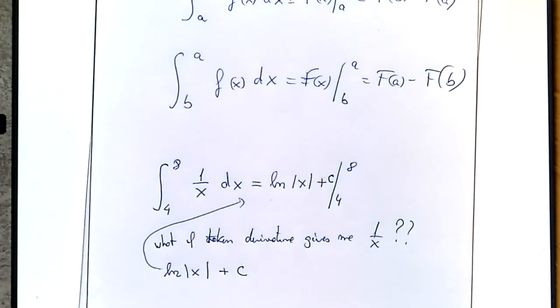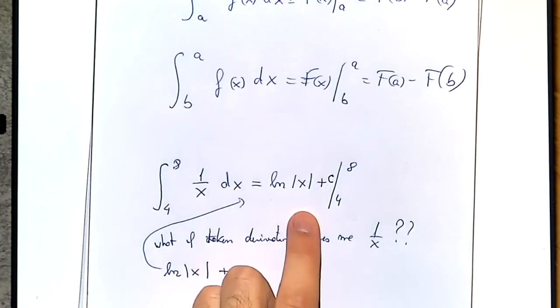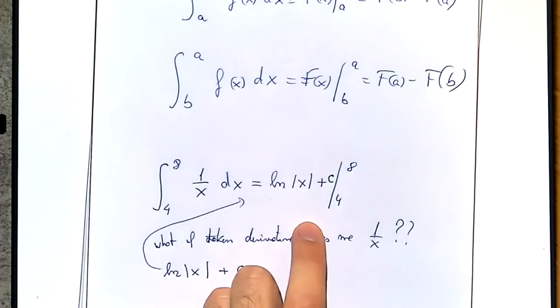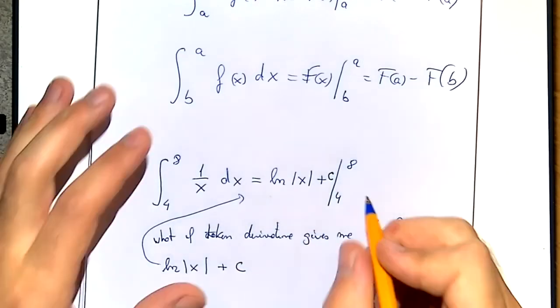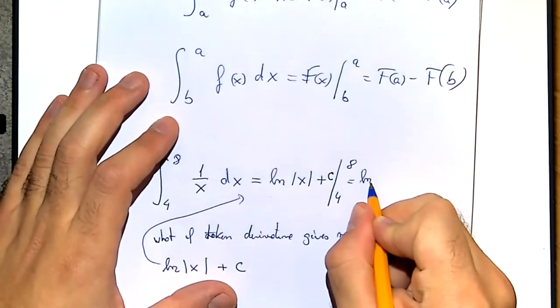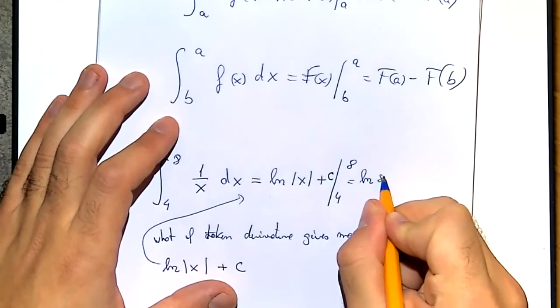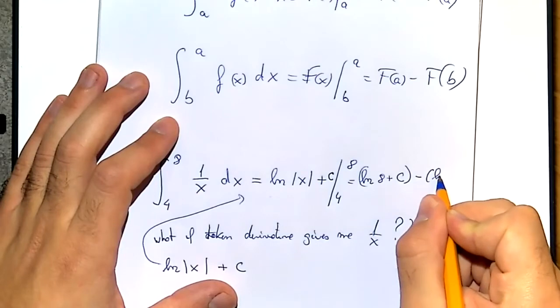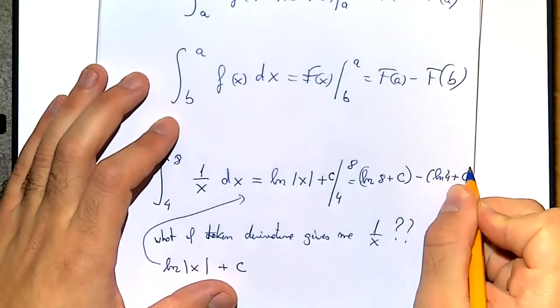You are going over the same c for 4 and 8, like when you're going to write log of 8 plus c minus log of 4 plus c.